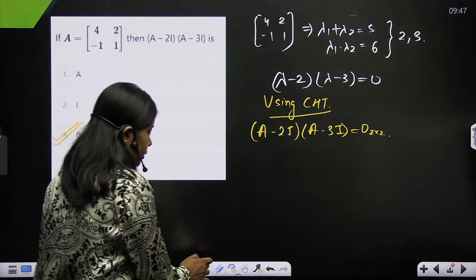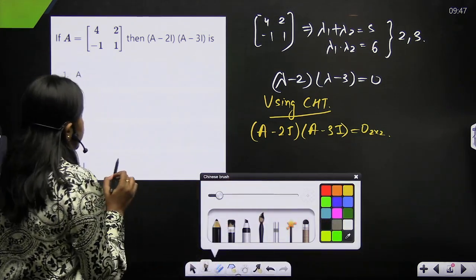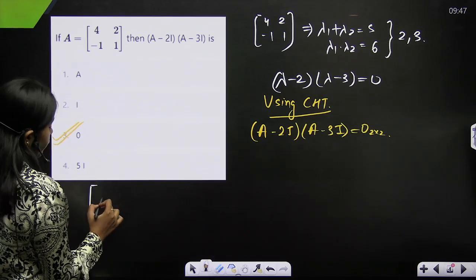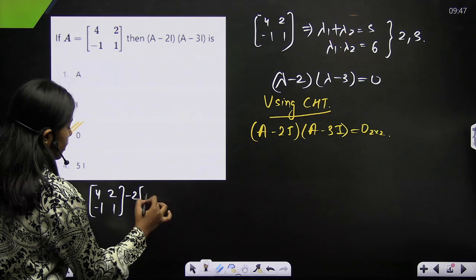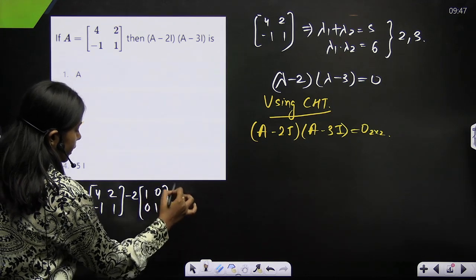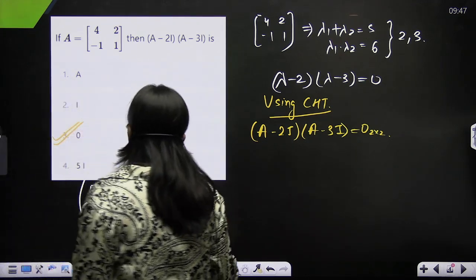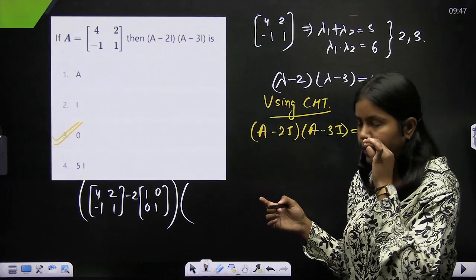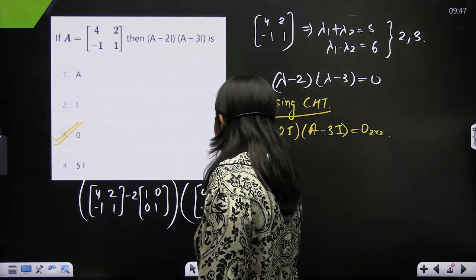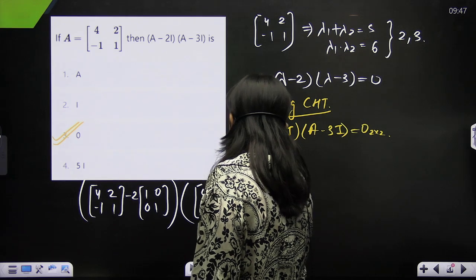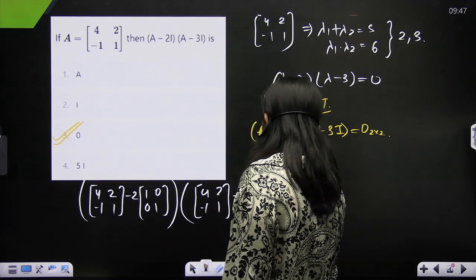Otherwise, if you try to solve it using the direct method, you would write down A minus 2I, that is 4 2 minus 1 1 minus 2 times 1 0 0 1. You get this matrix, and I am just substituting A and identity in place. So I am getting here 4 2 minus 1 1 minus 3 times 1 0 0 1. I'll solve it.